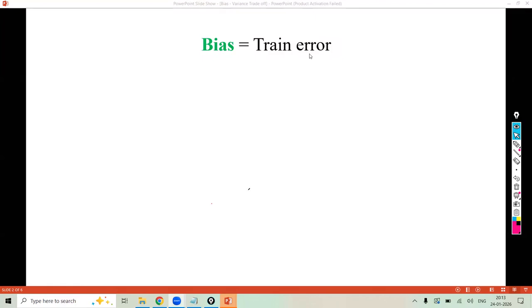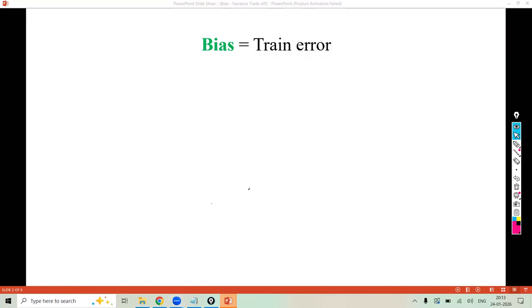Error means RMSE. Train error means the error you calculated on the train data, and that is nothing but RMSE calculated on the train data.